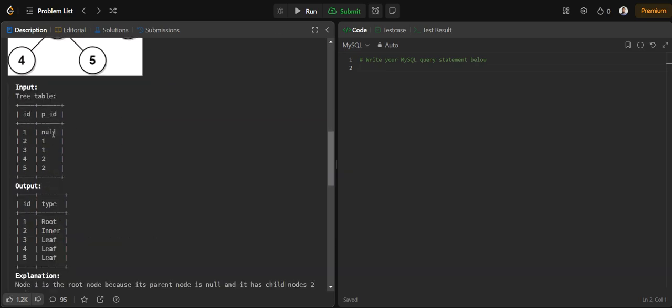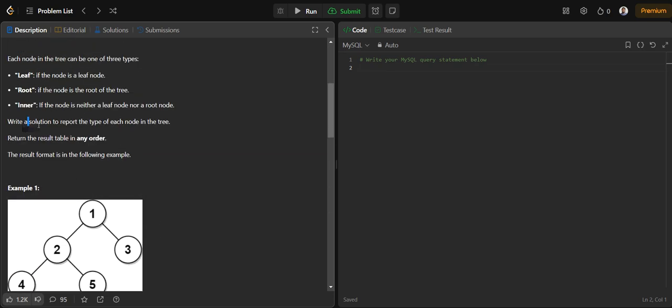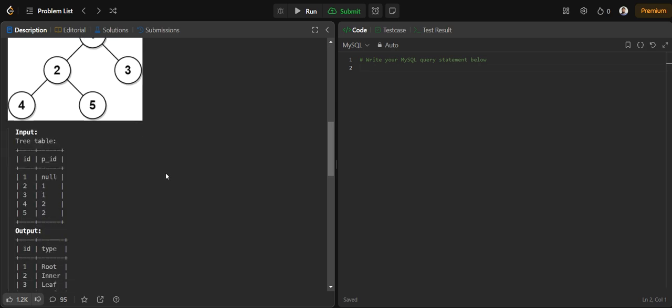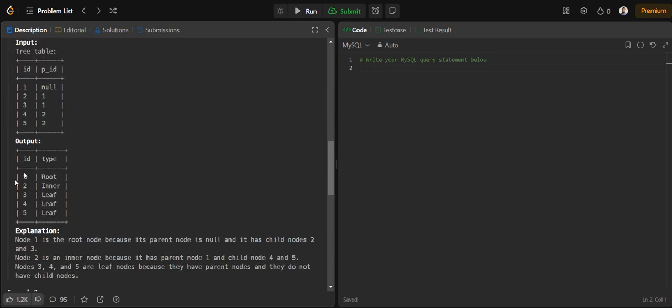So the question is, write a solution to report the type of each node in the tree. If these are the IDs that are given, then I have to report the result accordingly: 1 is root, 2 is inner, 3, 4, 5 are leaf. This is what I have to return as an output.